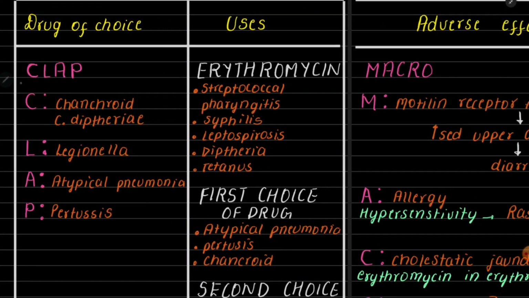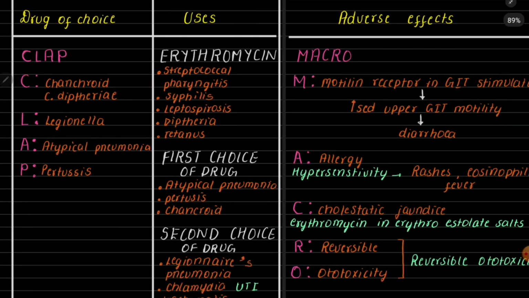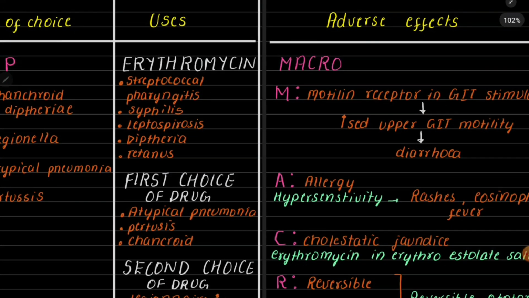The acronym here is CLAP. C stands for cancroid and Corynebacterium diphtheriae, that is, macrolides are effective against these organisms. L stands for Legionella, and A stands for atypical pneumonia. P stands for pertussis. Let us look at a few more uses now of erythromycin.